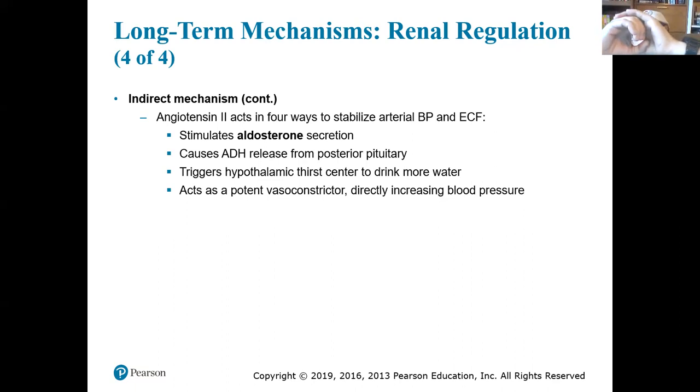So vasoconstrictor raises blood pressure. ADH, not peeing out the water, raises blood pressure. Drinking more to put more water into the system raises blood pressure. And increasing the amount of aldosterone in the body, so you keep more sodium in the body, and then water stays to dilute the sodium. That increases the blood volume.